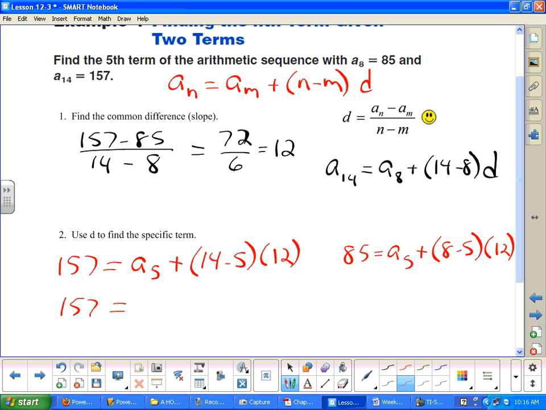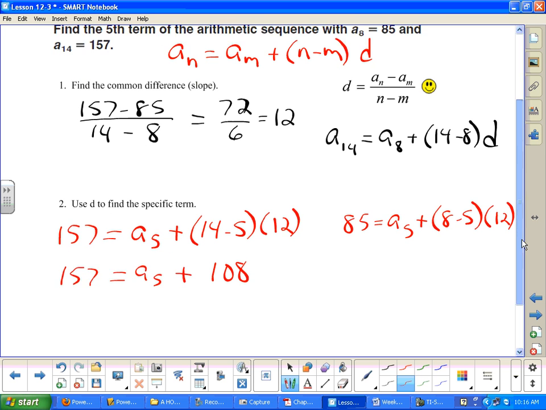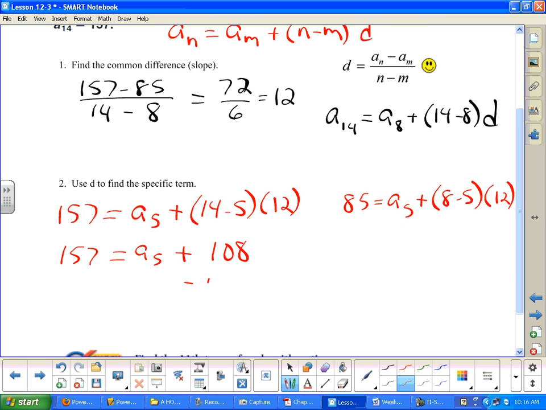So this is 157 equals a sub 5 plus, let's see, 14 minus 5 is 9, and 9 times 12 is 108, right? Okay. So then we subtract 108, and 157 minus 108 is 49. Okay.